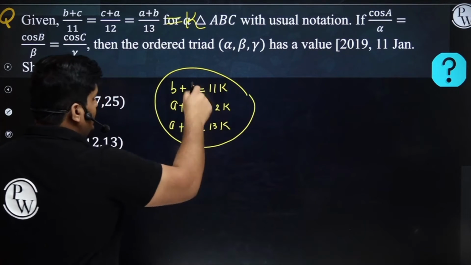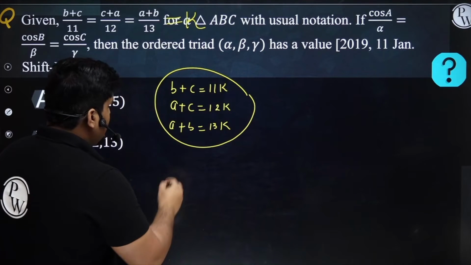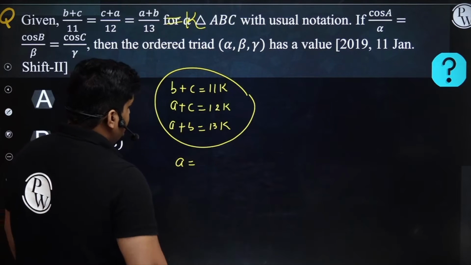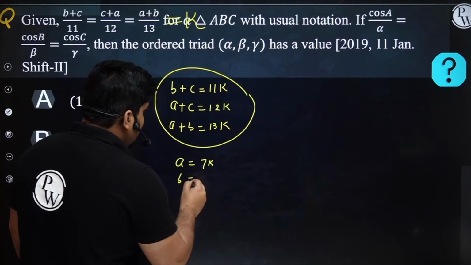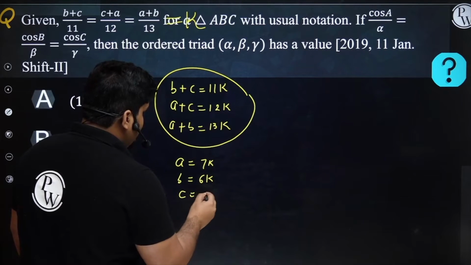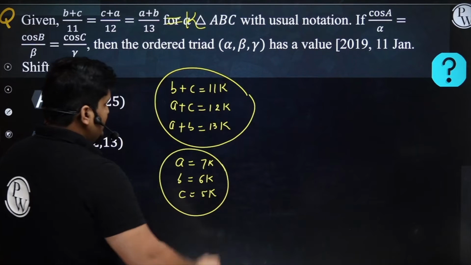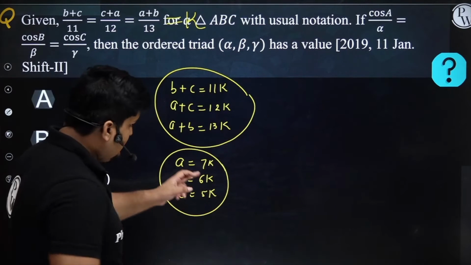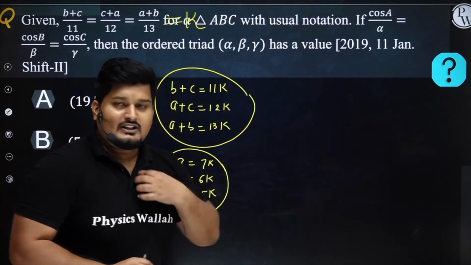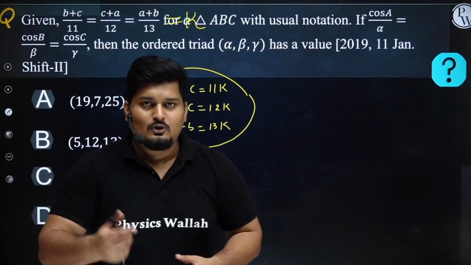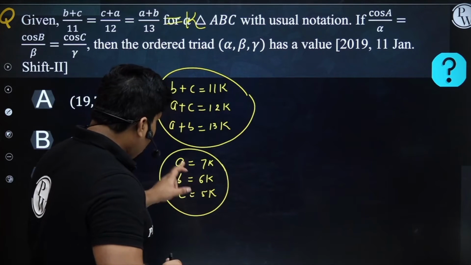If you solve all three, can I say that a is 7K, b is 6K and c is 5K? It will work. Either you solve or you can directly visualize it. So this is the relation between a, b, c and that constant parameter K. So we got the a, b, c values now.